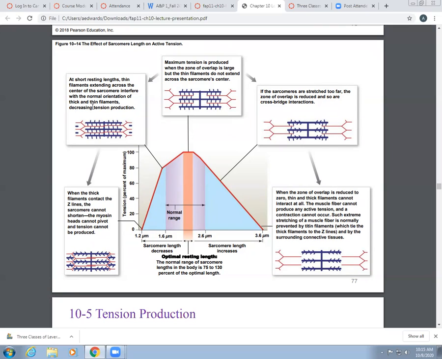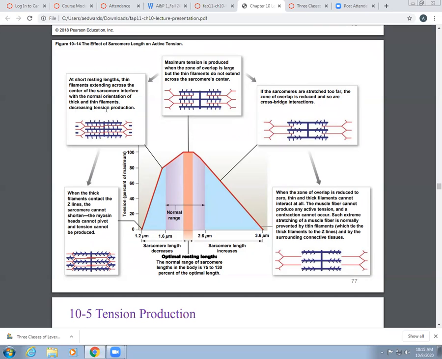So here you have a short resting length, okay? Because the sarcomere is already very contracted. The thin filaments are already extending across the center of the sarcomere, and they interfere with the normal orientation of the filaments.